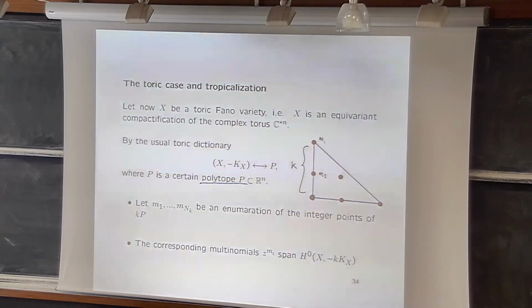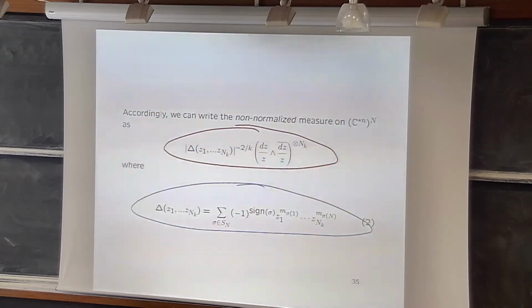I let P be a convex polytope, and I take some enumeration of the lattice points here in kP. And then we know that the corresponding monomials, so this is multi-index notation, span the space of global sections. So we have a very concrete description of that space. So it means that we can write down what this measure should look like. So before I normalize, it looks like this.